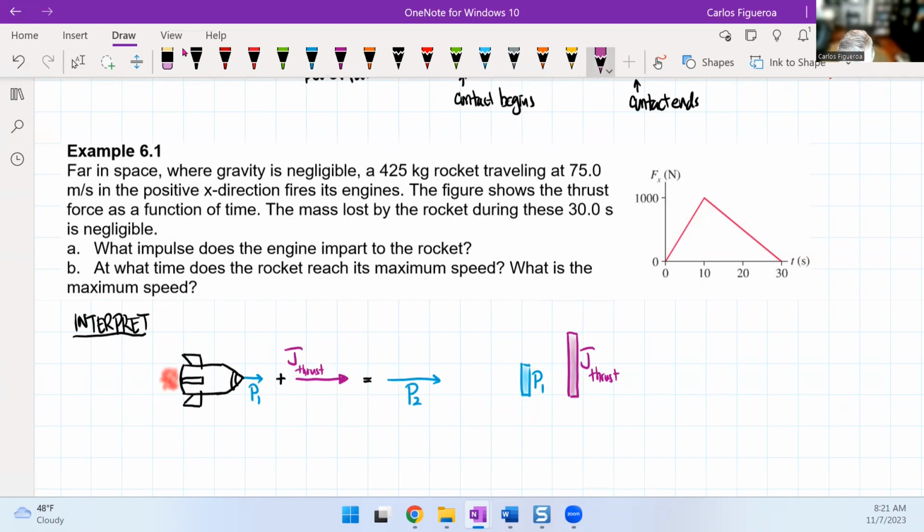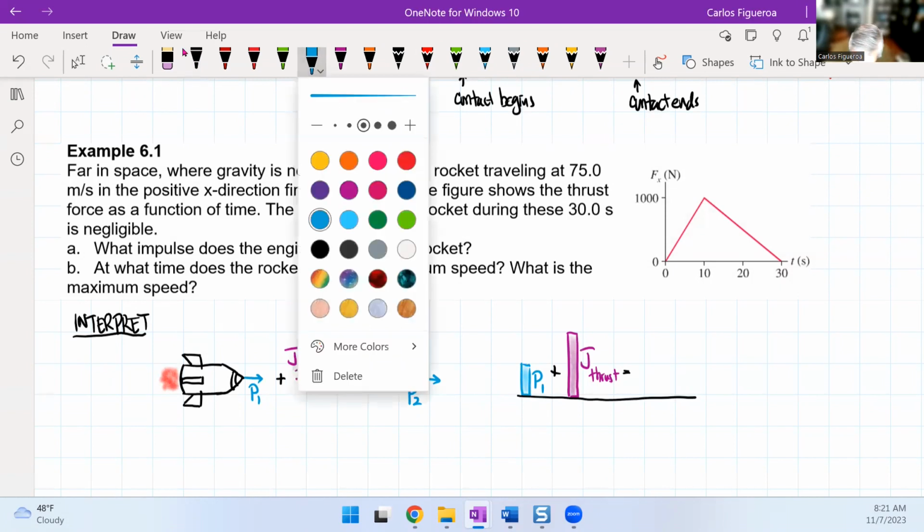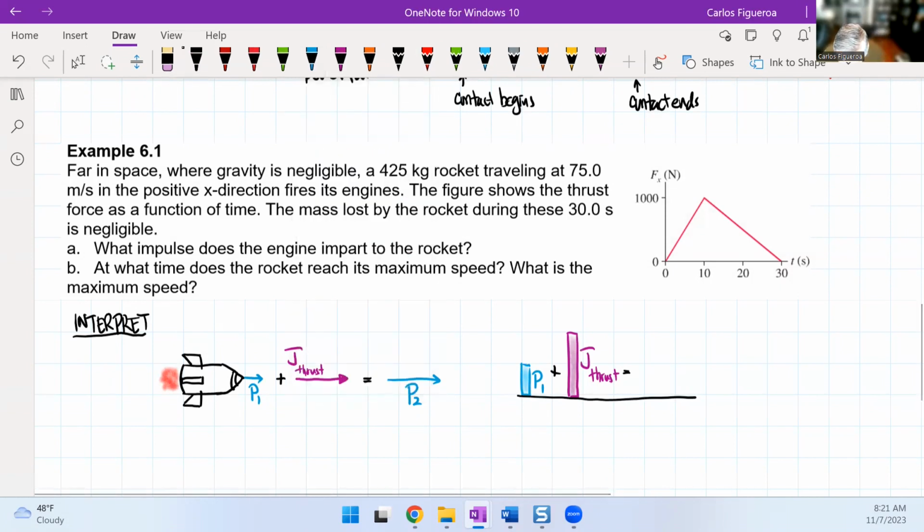But the impulse doesn't disappear. What it does is transfer to the rocket. So in this case, now the momentum of the rocket is larger, and it's, again, moving to the right.